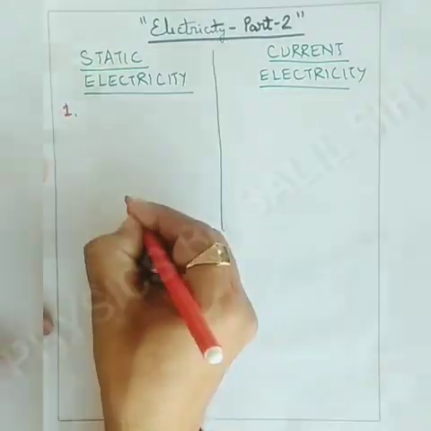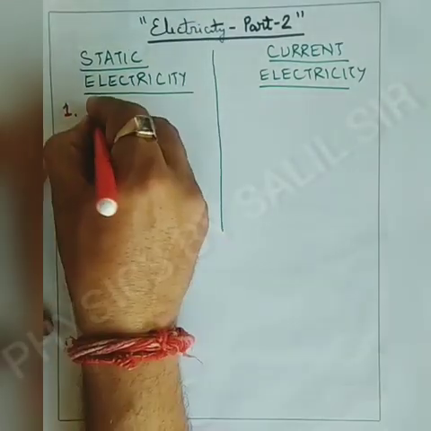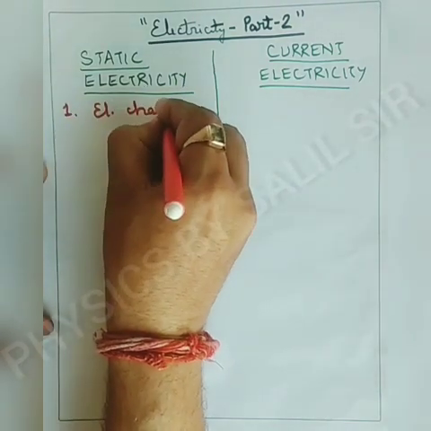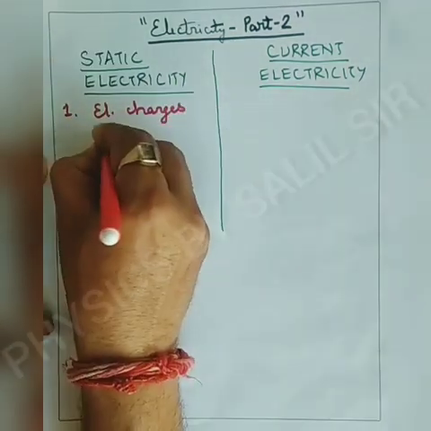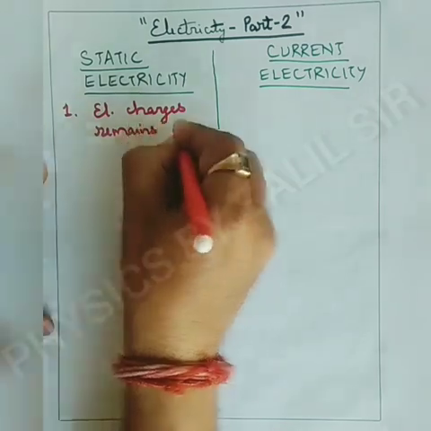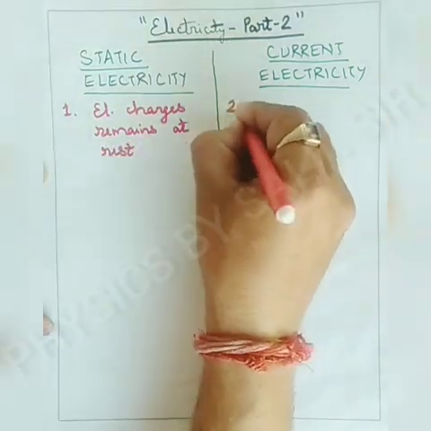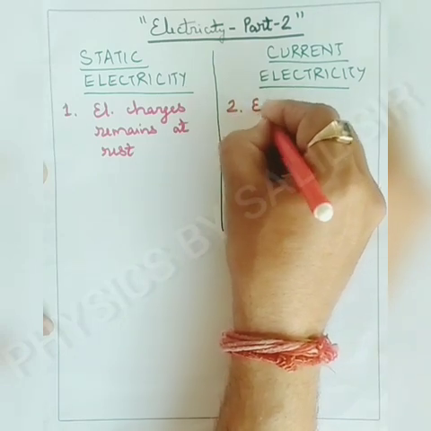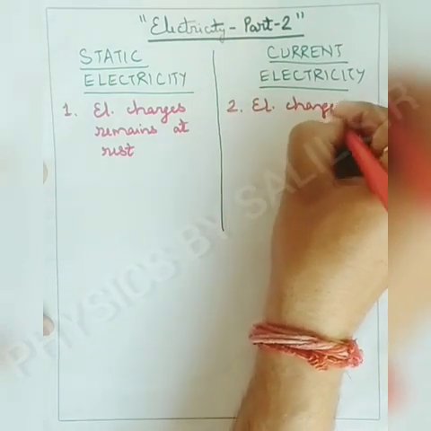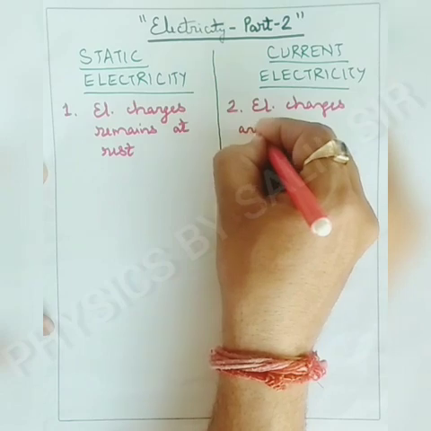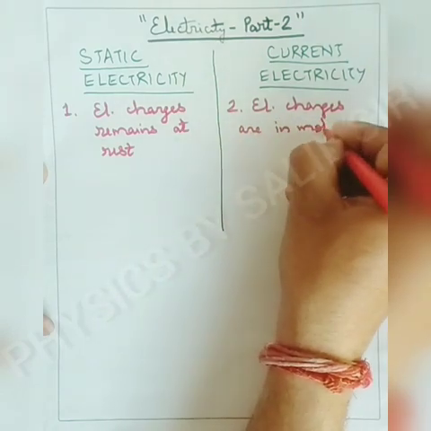In static electricity, electric charges remain at rest, and in current electricity, electric charges are in motion.